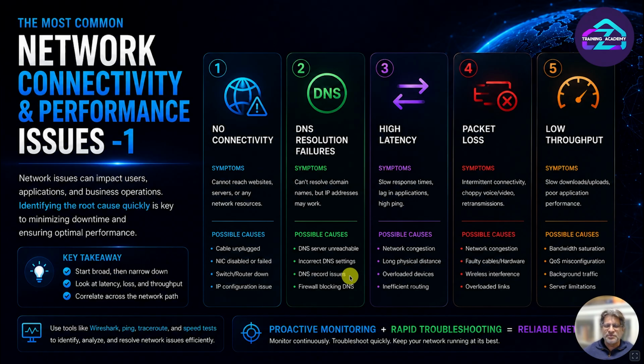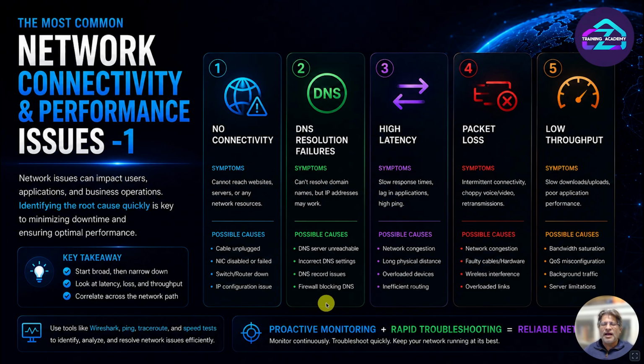Or a firewall blocking DNS. So DNS issues can be common, and we need to understand that. This is one of the things we will look at in the traffic capture, what you'll be looking at in terms of DNS in Wireshark, by the end of this lecture.